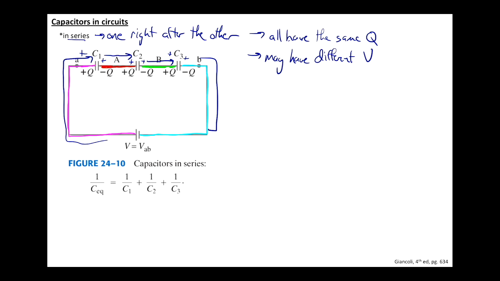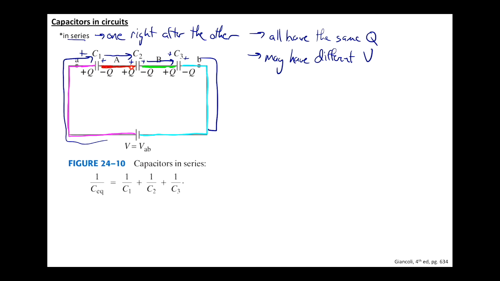As far as potential differences, to help explain that a little better, if I were to look at this conductor on the left and this conductor all the way on the right, there is some total potential difference between the left side of the battery and the right side of the battery, the high potential and the low potential.